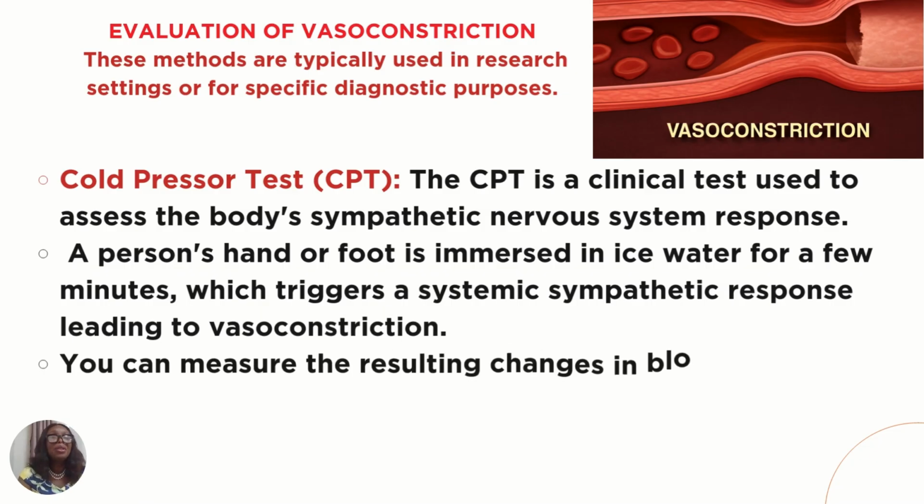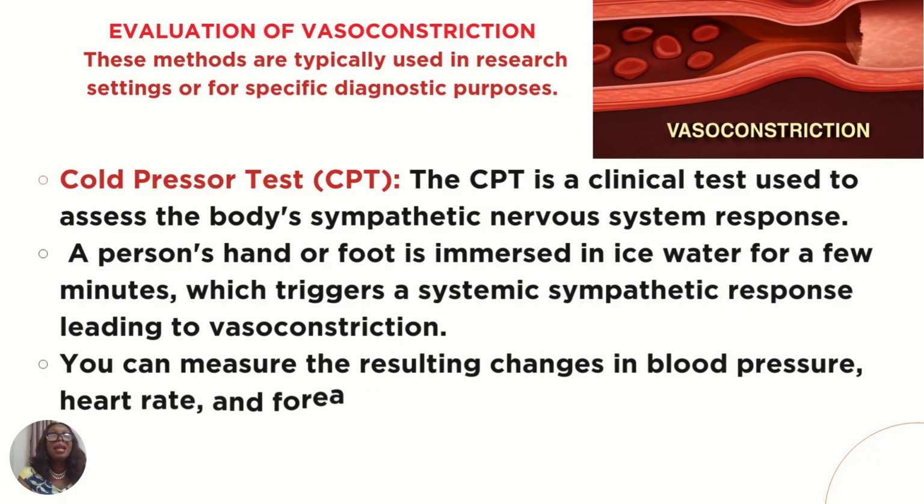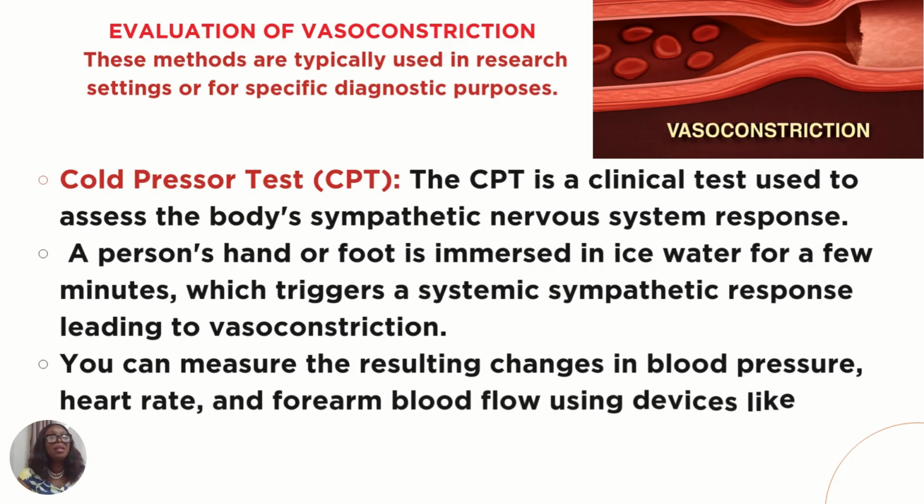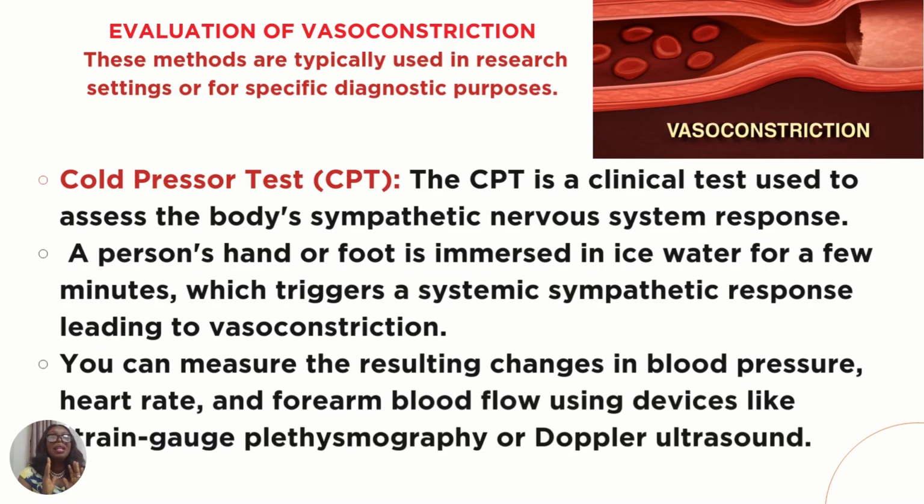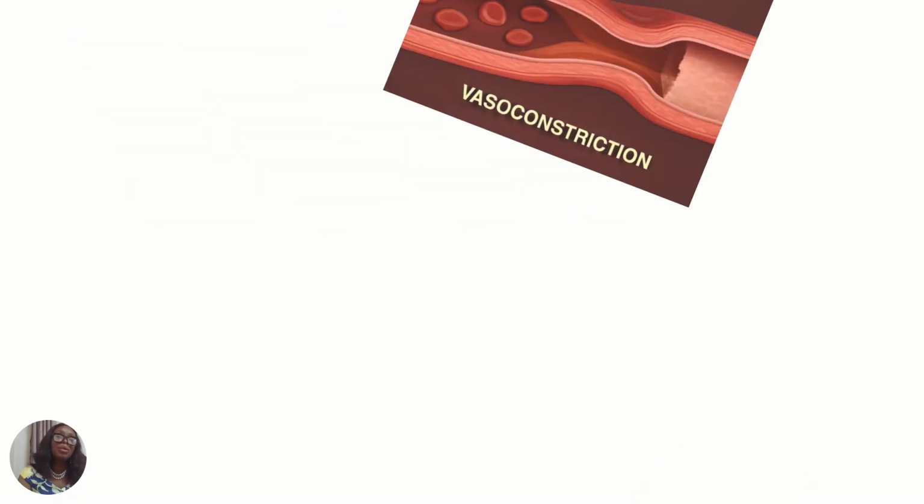A person's hand or foot is immersed in ice water for a few minutes, which triggers a systemic sympathetic response leading to vasoconstriction. Now, you can measure the resulting changes in blood pressure, heart rate, and forearm blood flow using devices like strain gauge plethysmography or Doppler ultrasound.